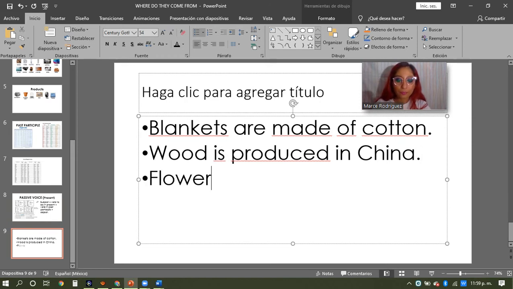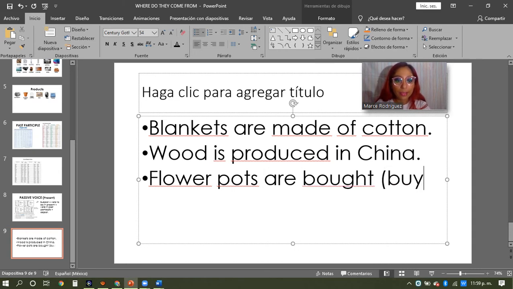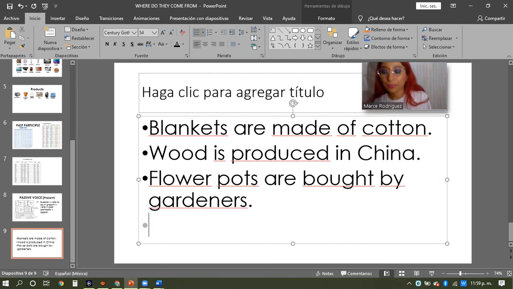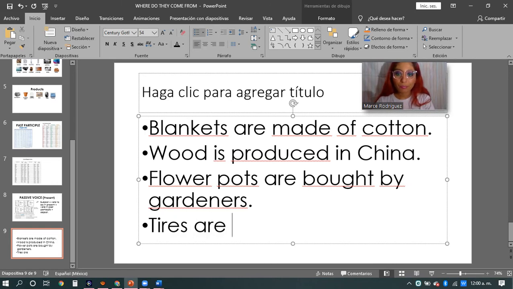Flower pots, plural, are. Bought is the past participle form of buy. Are bought by gardeners. It's an example. Another one. Tires are made of rubber. Okay?